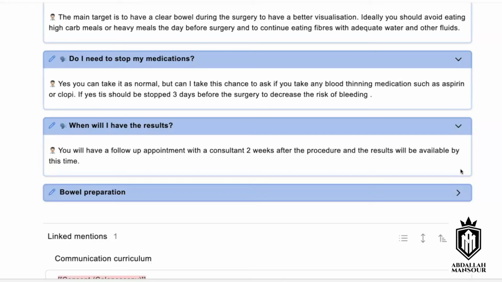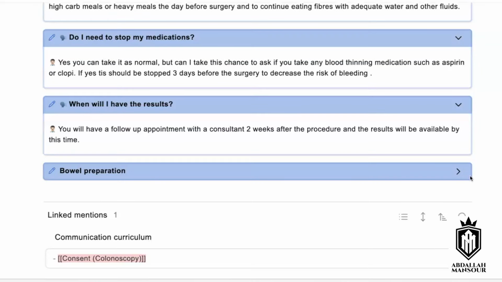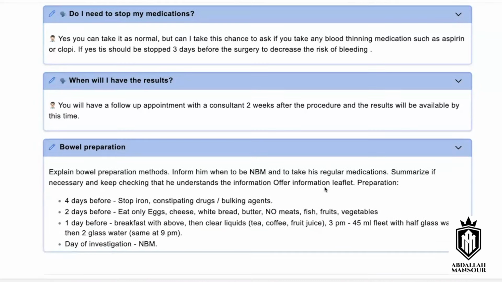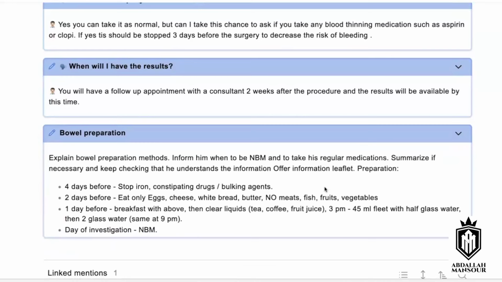And 1 day before, you can have breakfast with the above mentioned ones, like the eggs, the cheese, and the bread, but only take clear fluids, and take enough water, like 2 glasses of water in the morning. And on the day of the procedure, I would recommend that you do not eat.